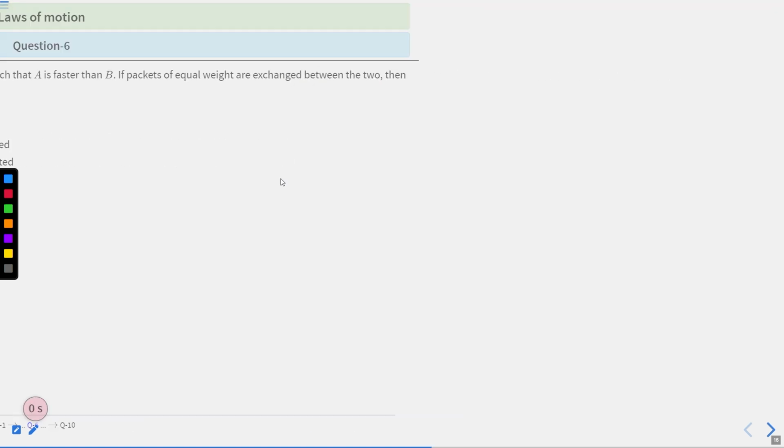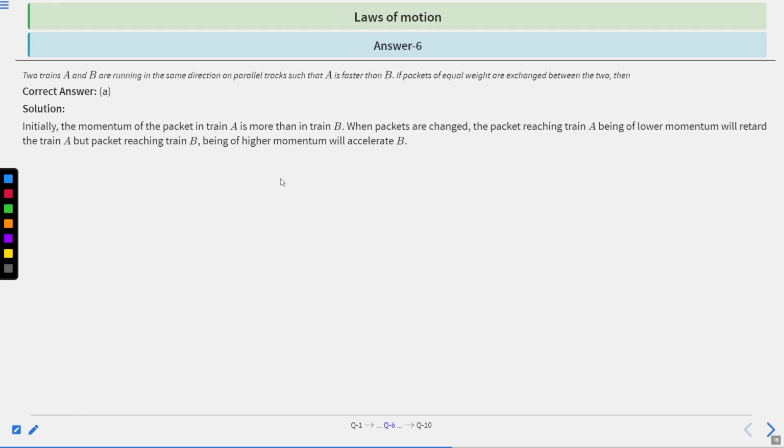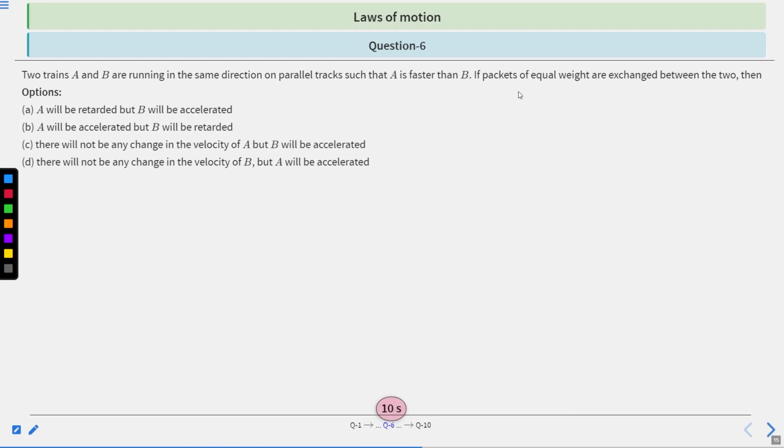Let's find a solution. According to the question, trains A and B are running in the same direction on parallel tracks such that A is faster than B. If packets of equal weight are exchanged between the two, then which option is correct?